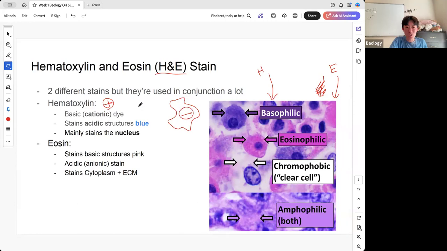So acidic structures, if you don't really know what acid-base means yet, don't worry too much. But what you want to know is that acids give up protons. Acids are like HA, so H is a proton and A is the acid, and then it releases the proton to become a negatively charged thing plus a proton.